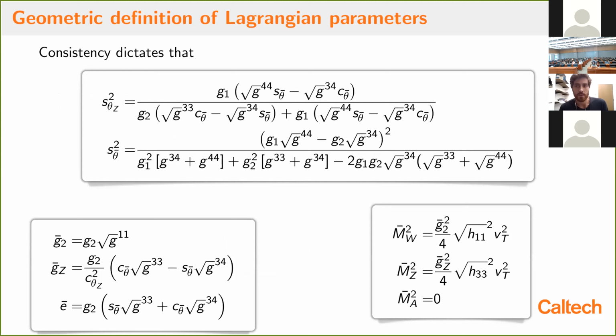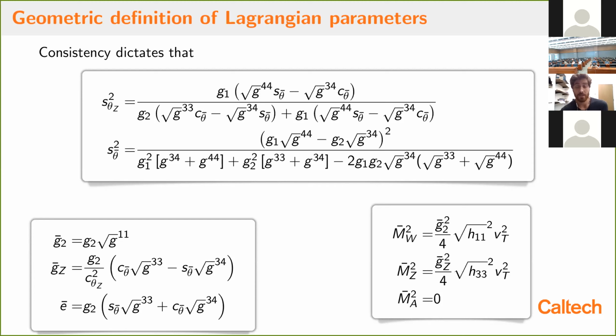The same is for these rotation angles, they only depend on the couplings and this metric. This is an additional theta_Z angle, which was not there in dimension 6 or in the standard model. This is just what's in the covariant derivative for the Z boson.